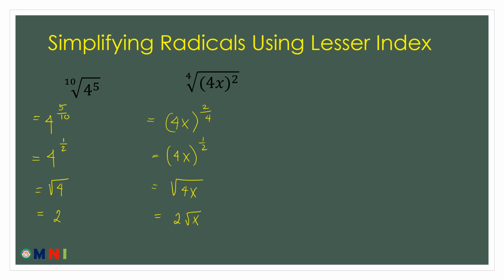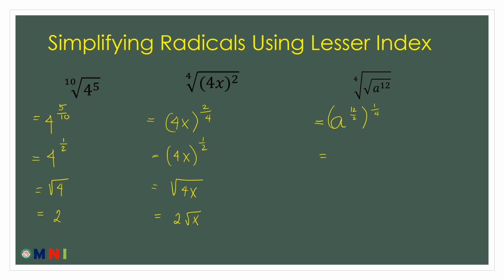Okay, and how about if we are going to simplify using one radical simple like this? So first is, again, we are going to write it in exponential form. We have a raised to the power of 12 over 2, and then raised to the power of 1/4. Then we are going to simplify that. We have to multiply 12 times 1 and 2 times 4.